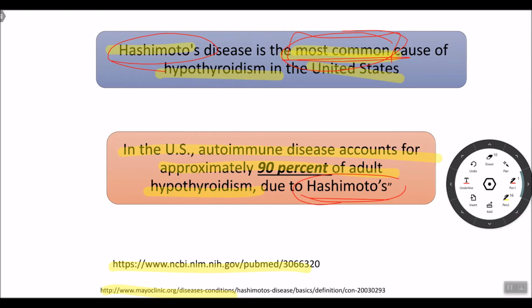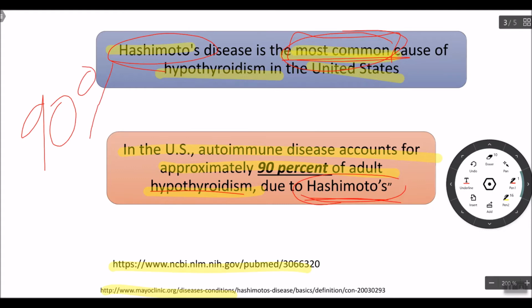In the United States, autoimmune disease accounts for approximately 90% of adult hypothyroidism due to Hashimoto's disease. So this is telling you if you have a hypothyroid condition, there is a 90%, which is very, very high, probability that you have an autoimmune disease called Hashimoto's disease.